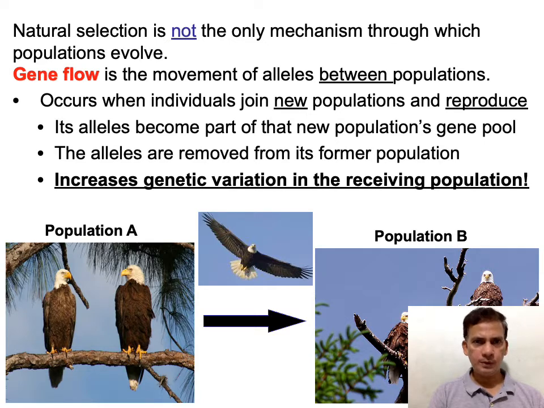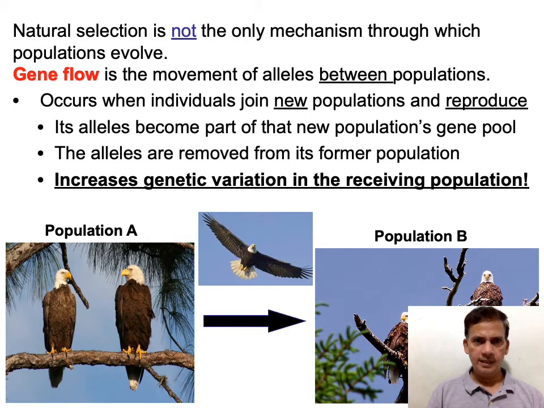Now this particular gene flow could be because of, let's say in this example, this is population A and this is population B. If some of the individuals of population A migrate and join population B, this gene flow could occur if an individual joins a new population and there it reproduces.